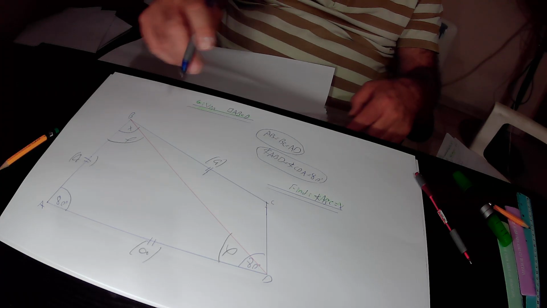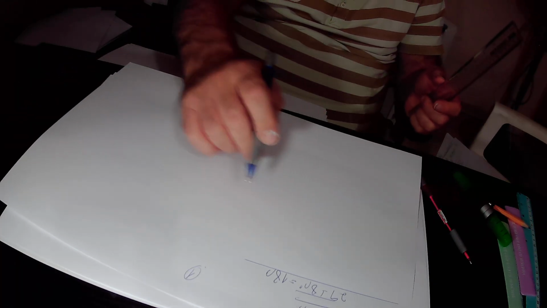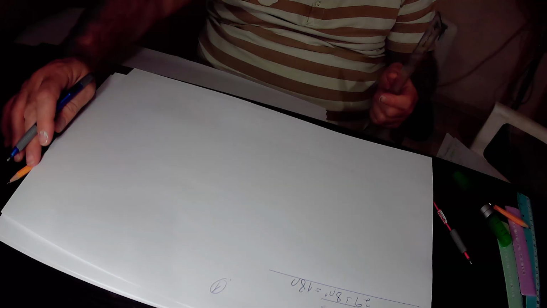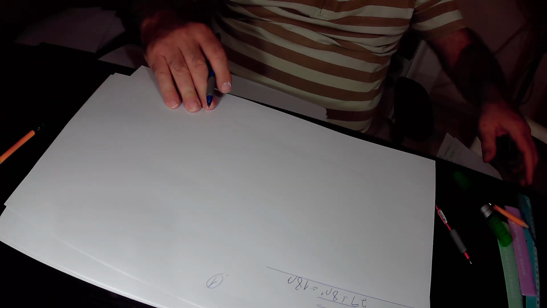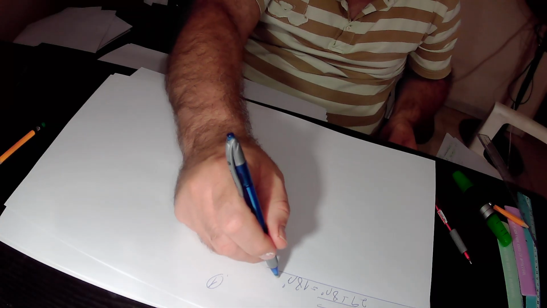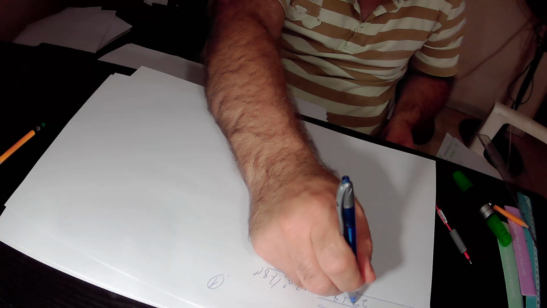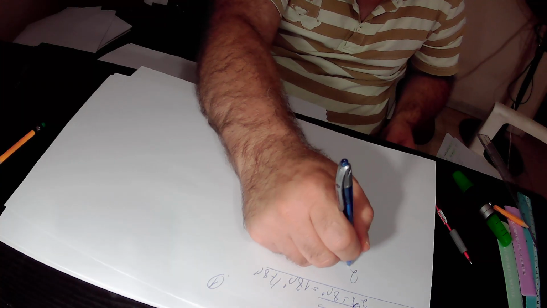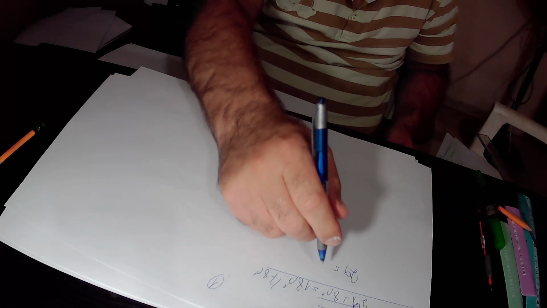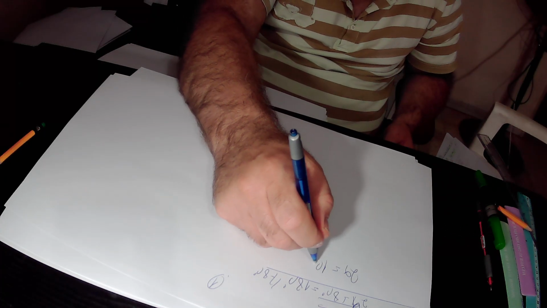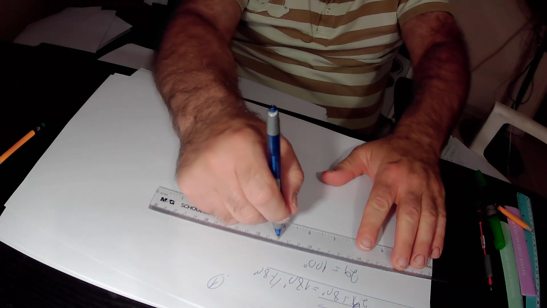And again, in this triangle ABD, 2 alpha plus 80 degrees must be equal to 180 degrees. Here we subtract 80 degrees from this equation. And we will get that 2 alpha equals 180 degrees minus 80 degrees, which is 100 degrees. So 2 alpha equals 100 degrees.